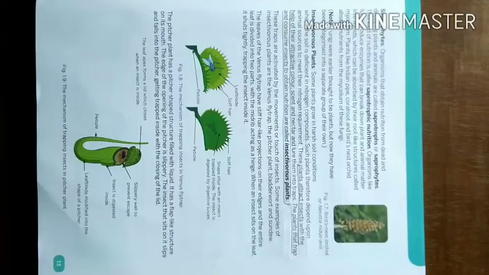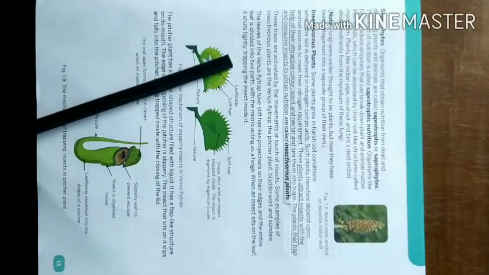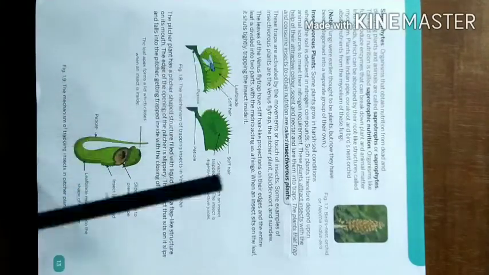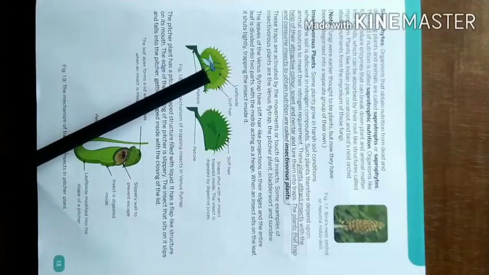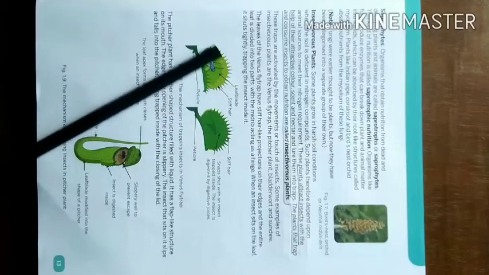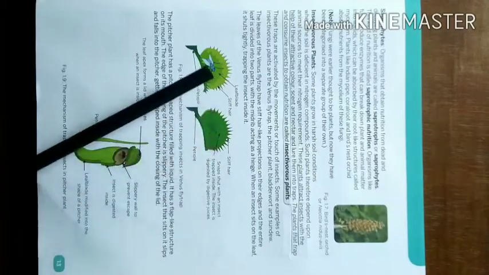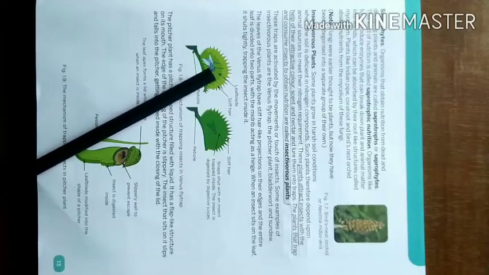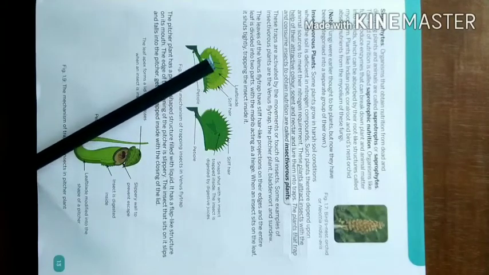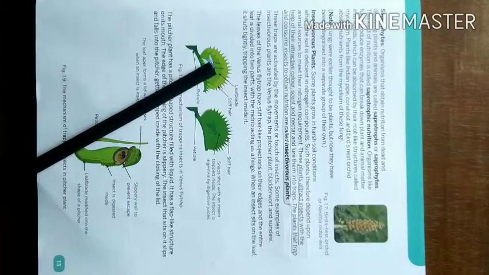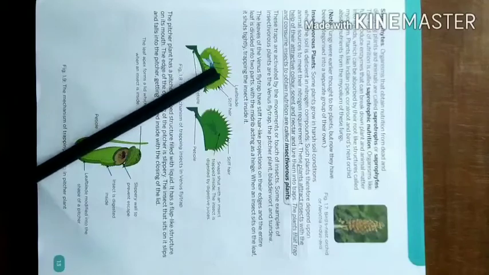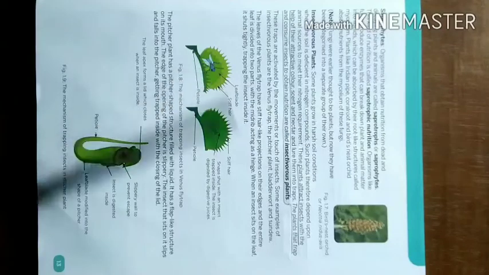So how does the Venus flytrap trap insects? It is given here. Look at the diagram. The Venus flytrap has stiff hairs and a leaf blade. When insects fly over it, or mistakenly sit on that part of the plant, the two parts of that leaf get closed.